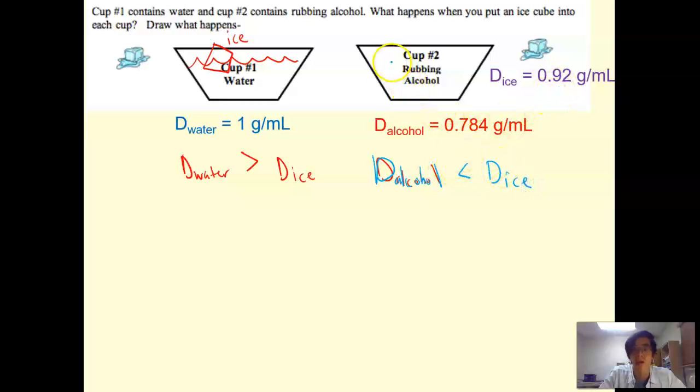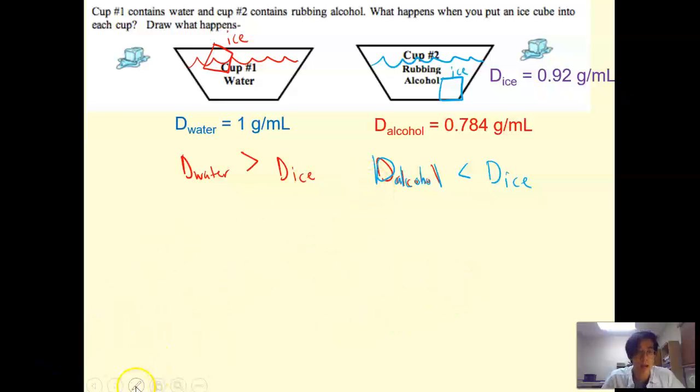So if I have my rubbing alcohol over here, the ice is much more tightly packed than the rubbing alcohol. Therefore, the ice is going to sink to the bottom, like that, which is pretty neat. Each property is different.